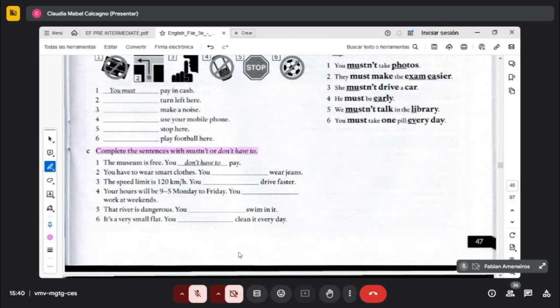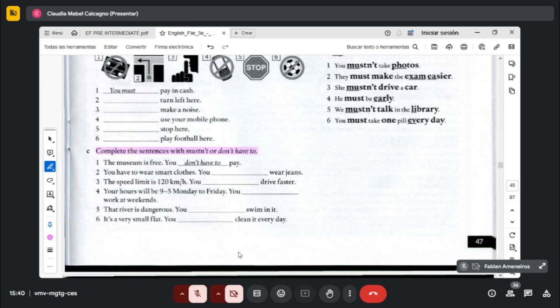Yes. Okay. The speed limit is 120 kilometers per hour. You mustn't drive faster. 4.